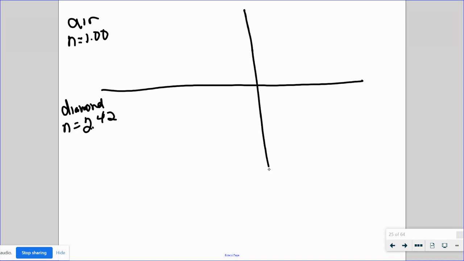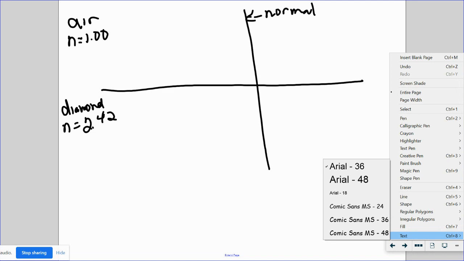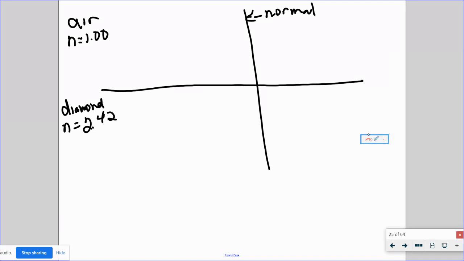I'm going to draw, this is my normal. Remember, these are supposed to be straight lines. You have to forgive me as I'm scrolling on my laptop as I try to do this. Now, this is my incident ray, coming in.